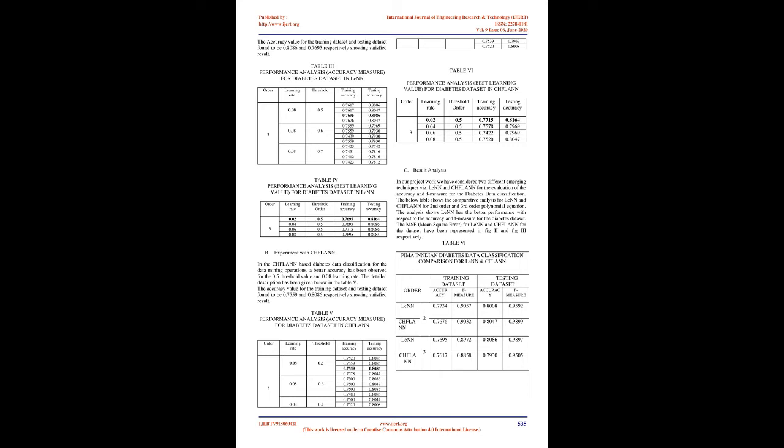Description of the attributes in the database. 1. Number of times pregnant. 2. Plasma glucose concentration at 2 hours in an oral glucose tolerance test. 3. Diastolic blood pressure, mmHg. 4. Triceps skin fold thickness, mm. 5. 2-hour serum insulin, μU/ml. 6. Body mass index, weight in kg over height in m squared. 7.